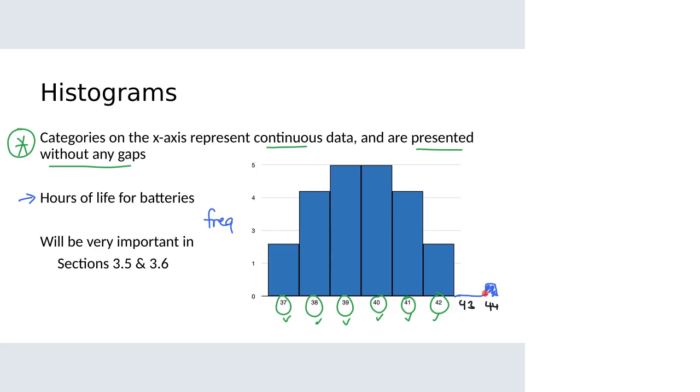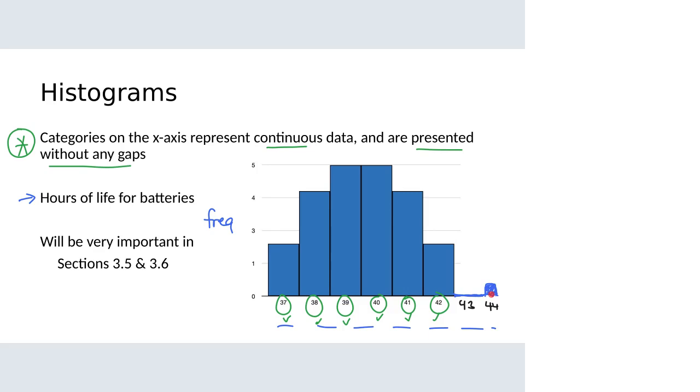What it means is there's a bar right here that just doesn't have any height, but there's still no gap. We couldn't say leave 43 out and just move 44 over. That would not be allowed. We've got to have our continuous data with no gaps. And if there happens to be a bar with no height, that's okay. We just can't leave the 43 out.